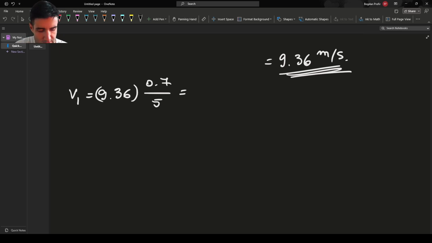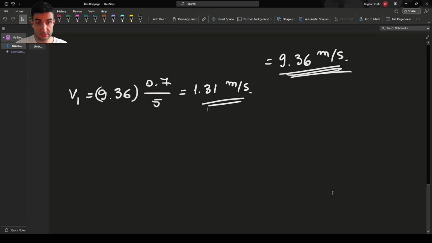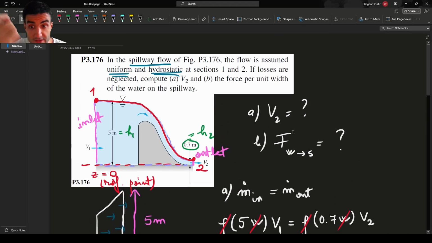So that is approximately 1.31 meters per second. And that's it. So that's the value of V1. And then we have to find this force that's acting on this control volume.